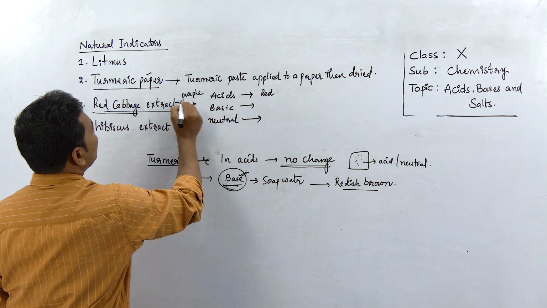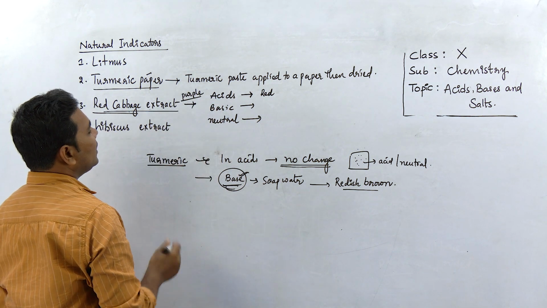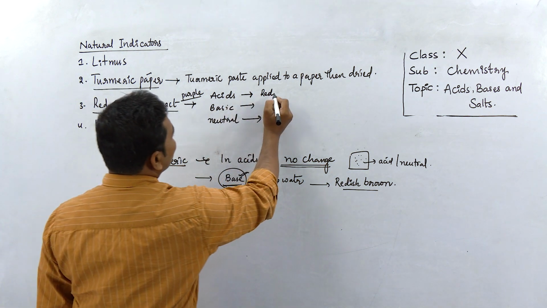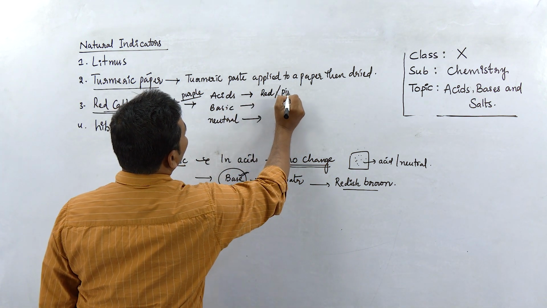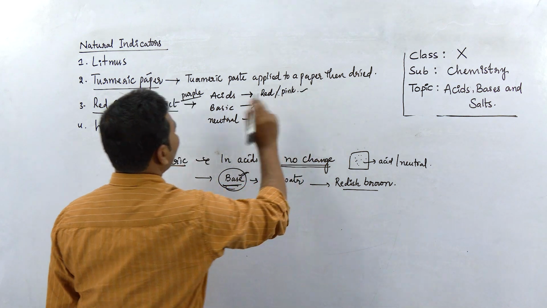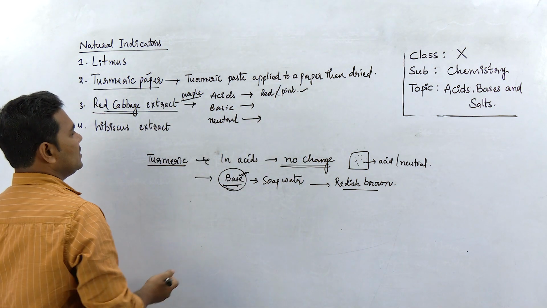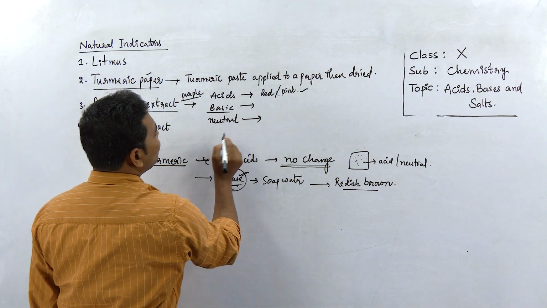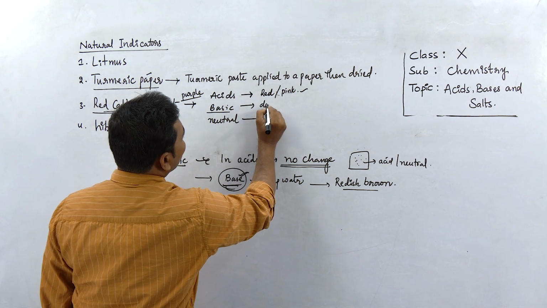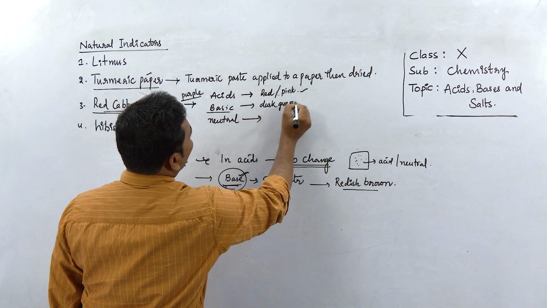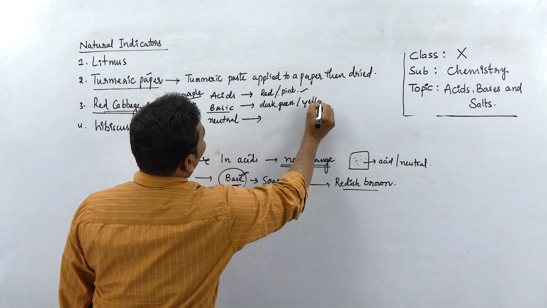Original color is purple. This purple red cabbage extract turns to red or pink in acid solutions, if it is added to acids. Then if it is added to basic substances, it turns to dark green or yellow.